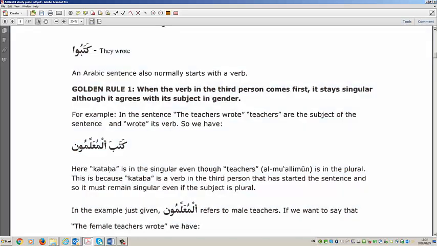So it's not كتبوا المعلمون, it's كتب المعلمون.